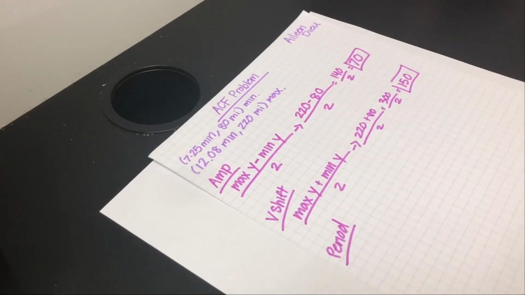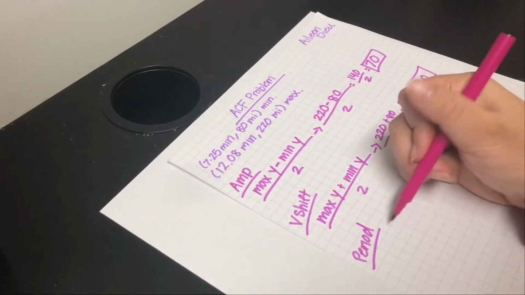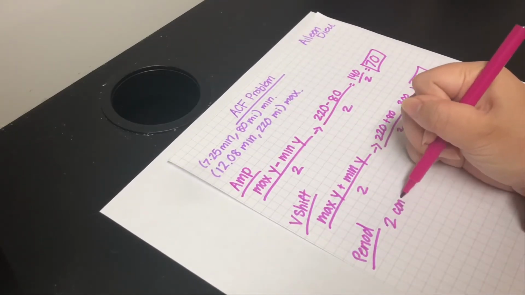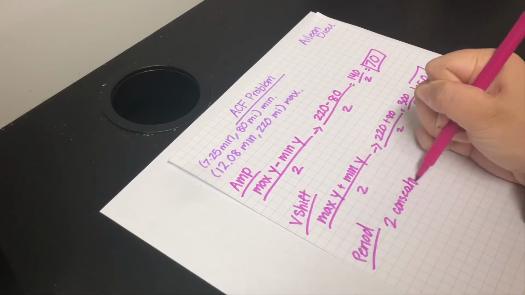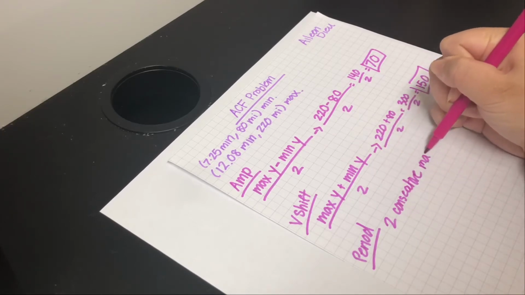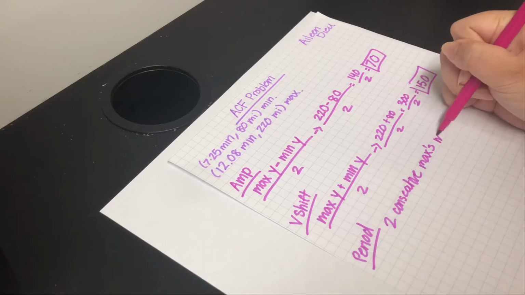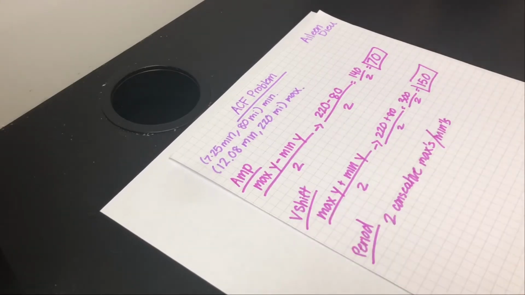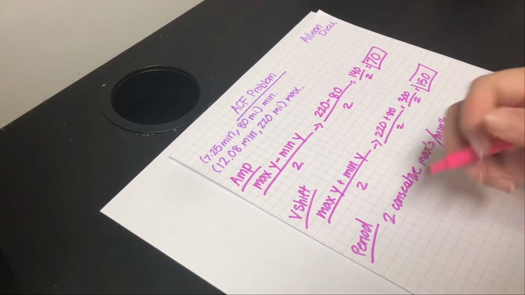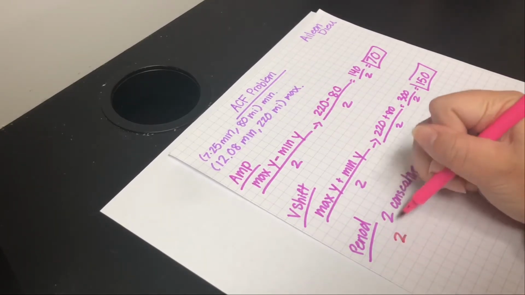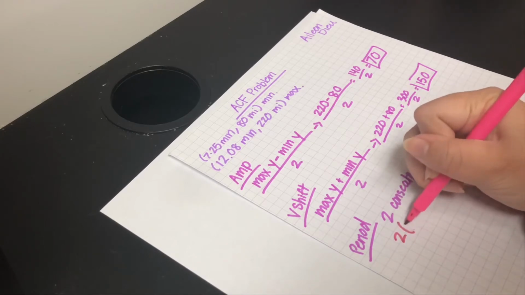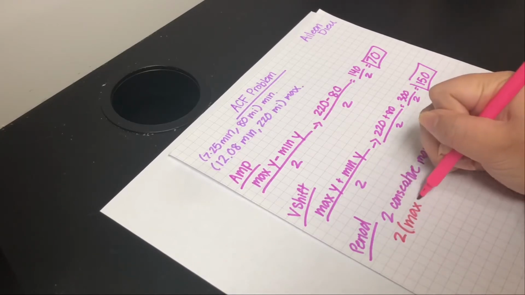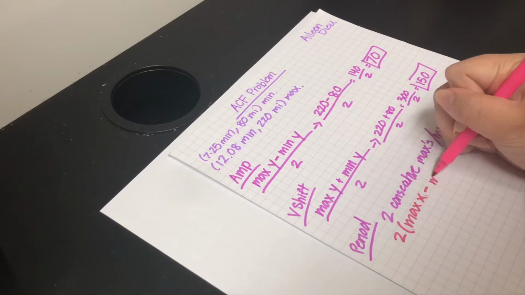Now the next thing we're looking for is the period. For the period, we're going to have to use 2 consecutive maxes or mins. So for the period, I use an equation in which 2 times the maximum x minus the minimum x.